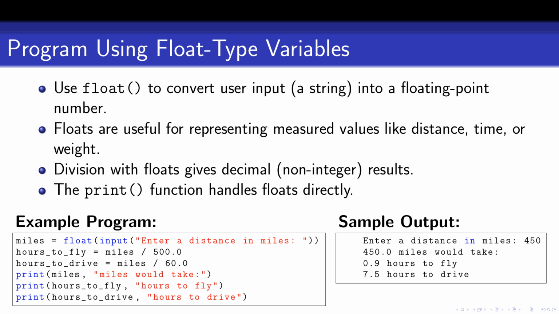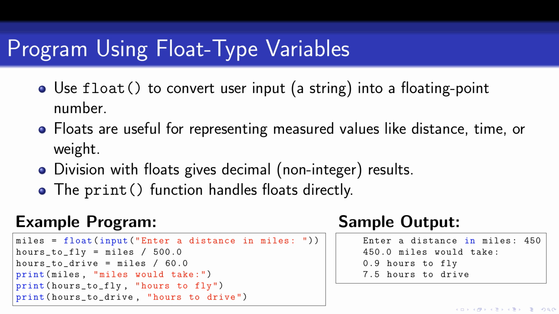Once the value is available as a float, you can divide it by speed values to determine how long travel will take. In the example shown, dividing miles by 500.0 estimates flight time, while dividing miles by 60.0 estimates driving time.